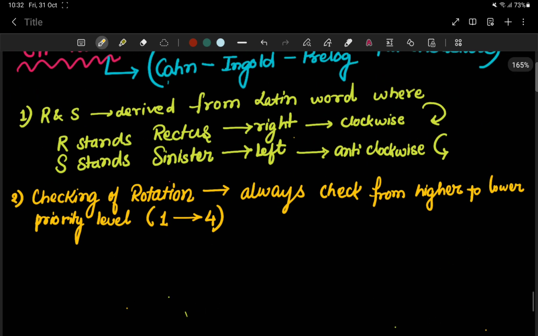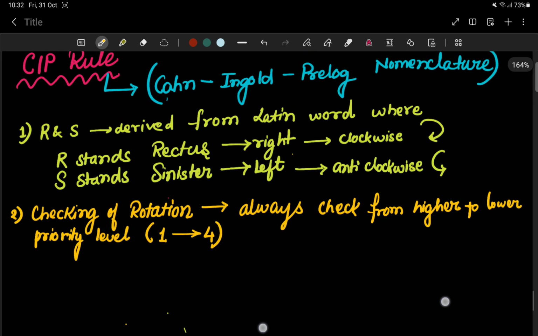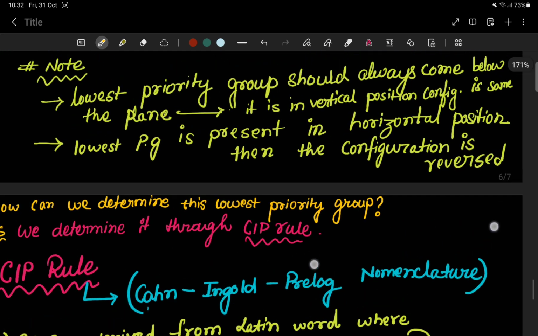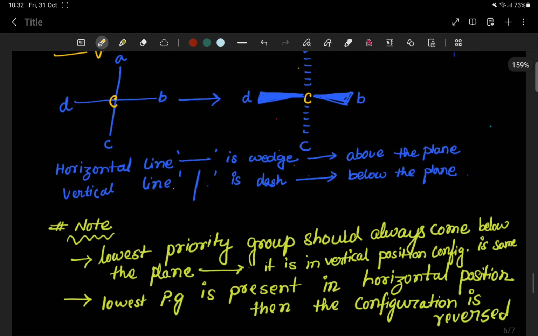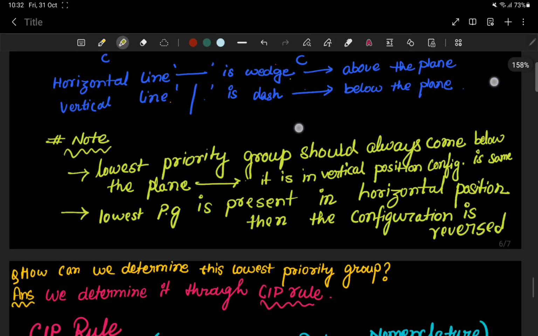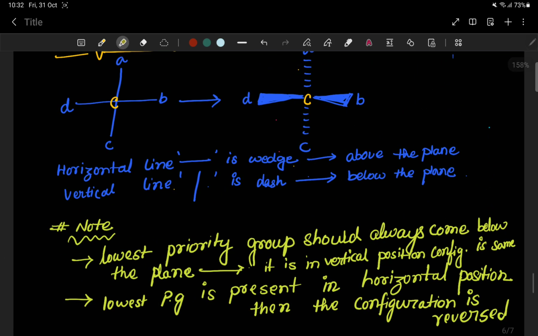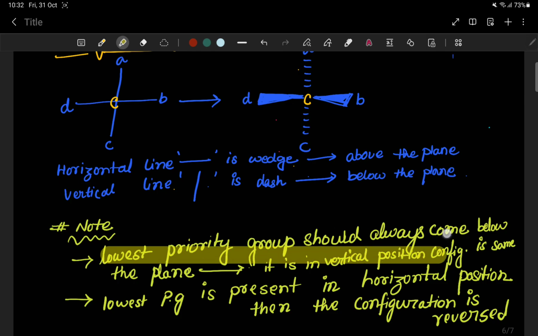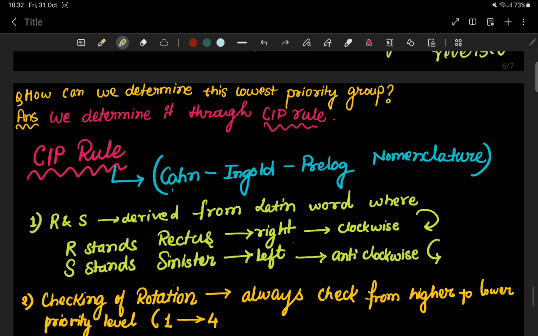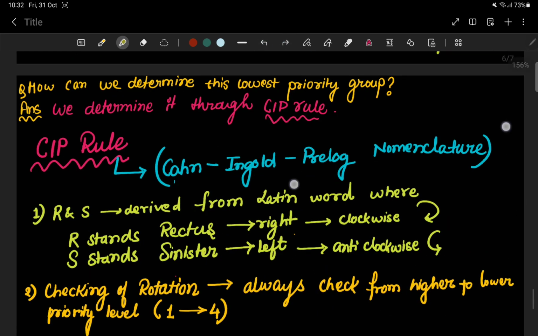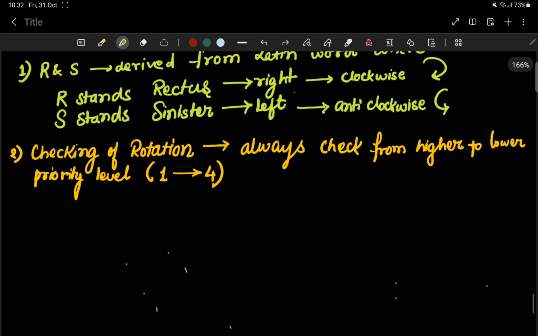Always remember one thing, keep this point in mind: the lowest priority group should always be below the plane. This is a very important point. I'm highlighting it for you. I would give it a 7-star rating. You always need to remember this point, otherwise the configurations will get reversed.